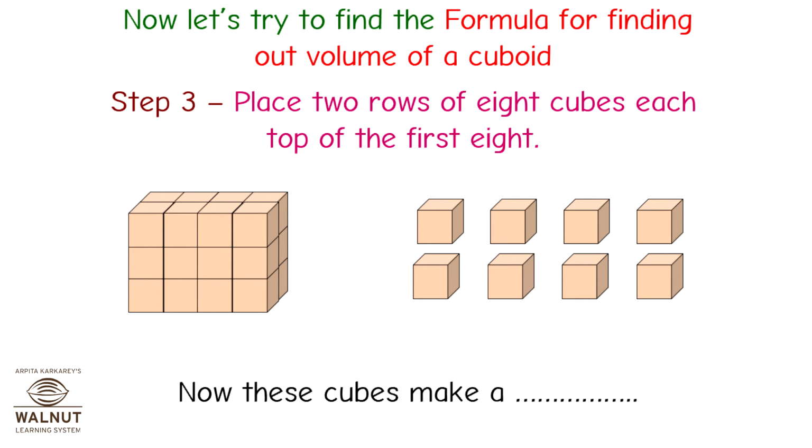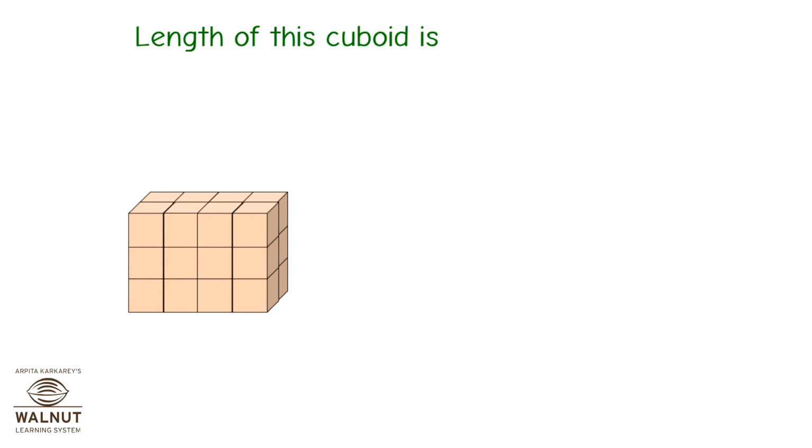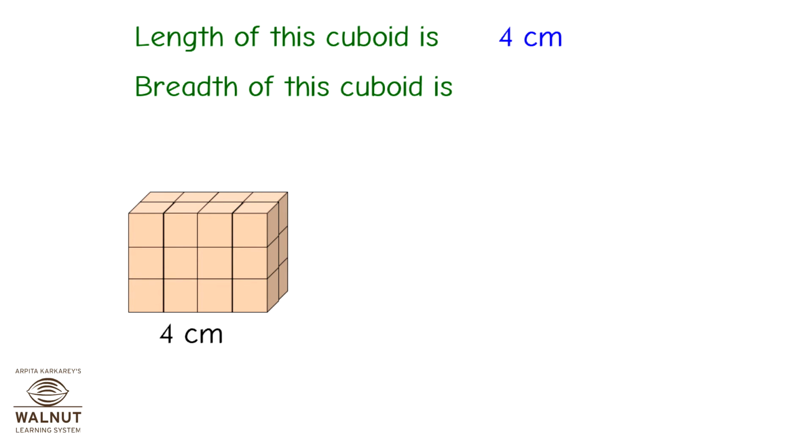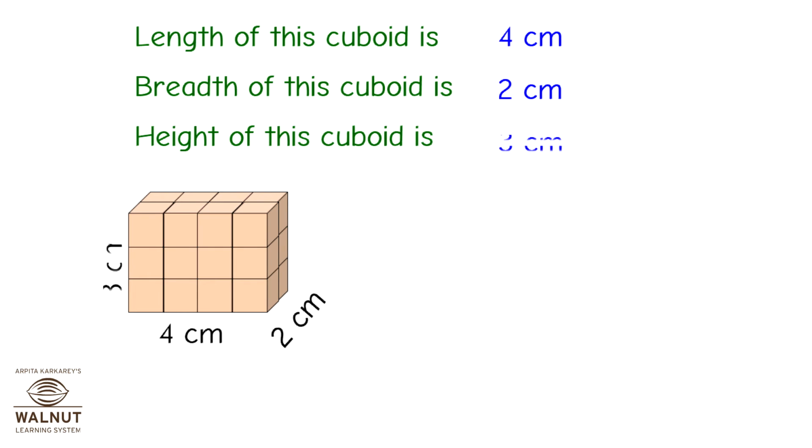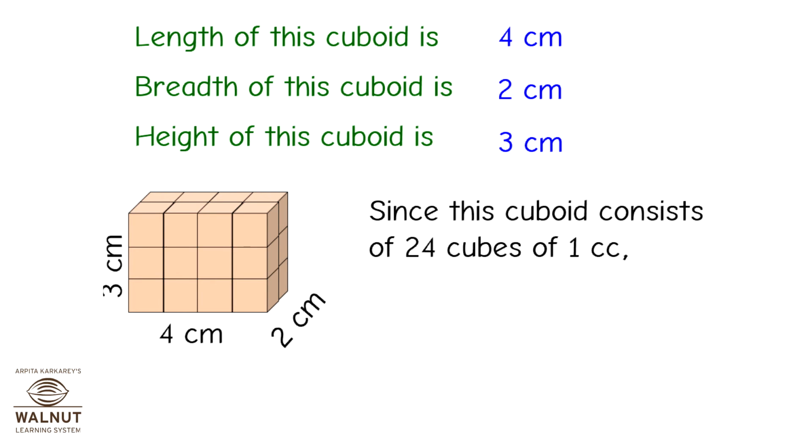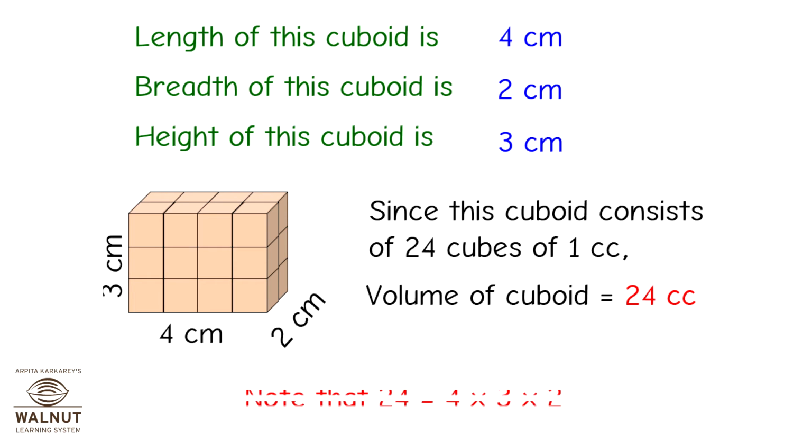Now these cubes make a cuboid. Length of this cuboid is 4 centimeters. Breadth of this cuboid is 2 centimeters. Height of this cuboid is 3 centimeters. Since this cuboid consists of 24 cubes of 1 cc, volume of cuboid is equal to 24 cc.